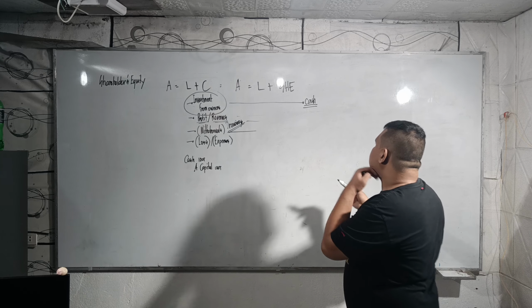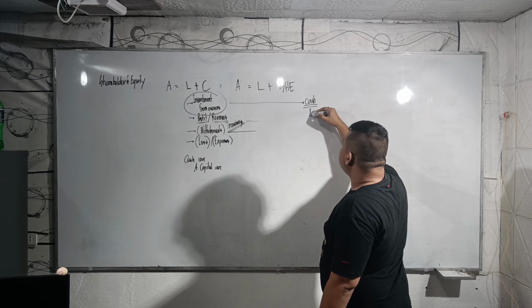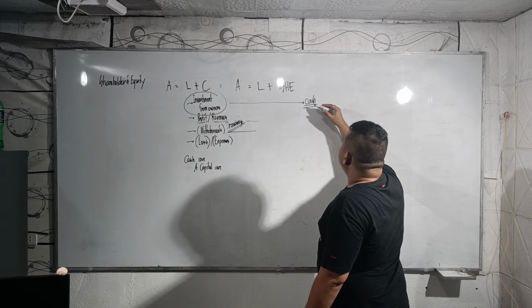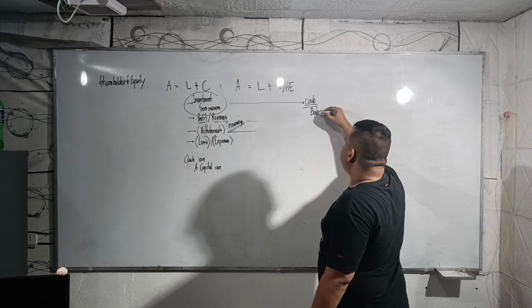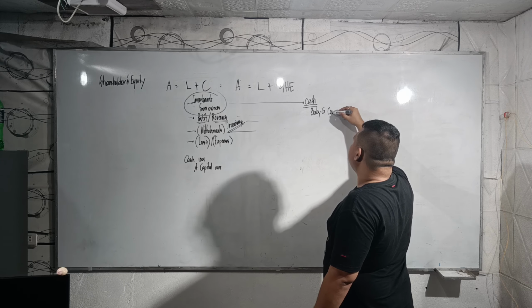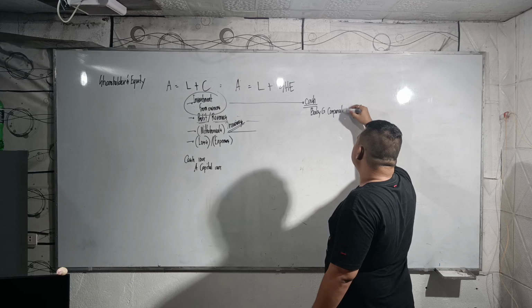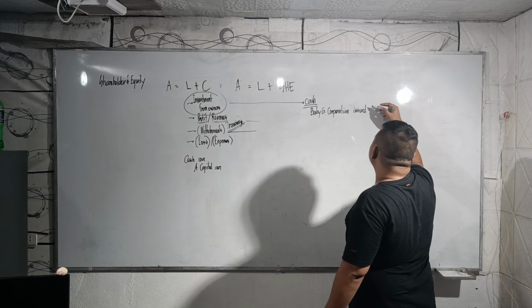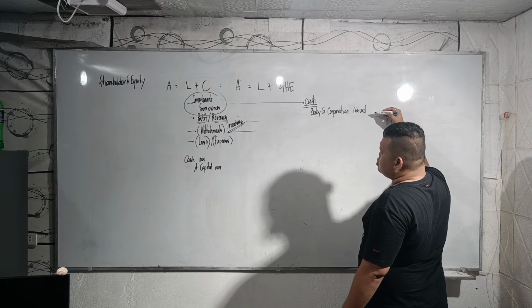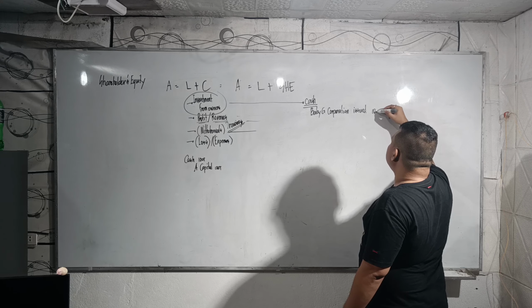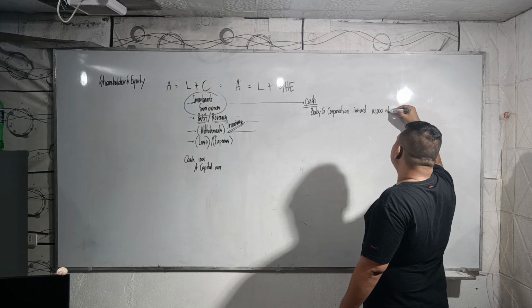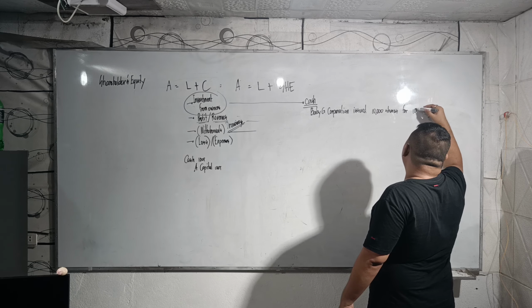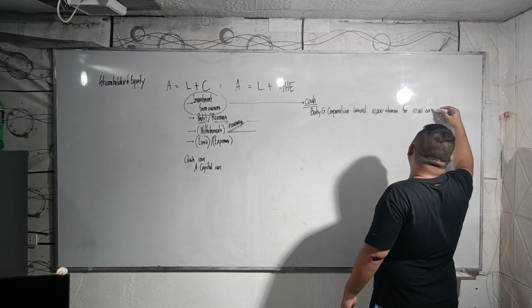So again, let's use Mr. A. Baby G Corporation. We are Baby G here. Baby G Corporation issued 10,000 shares for 10 pesos each.